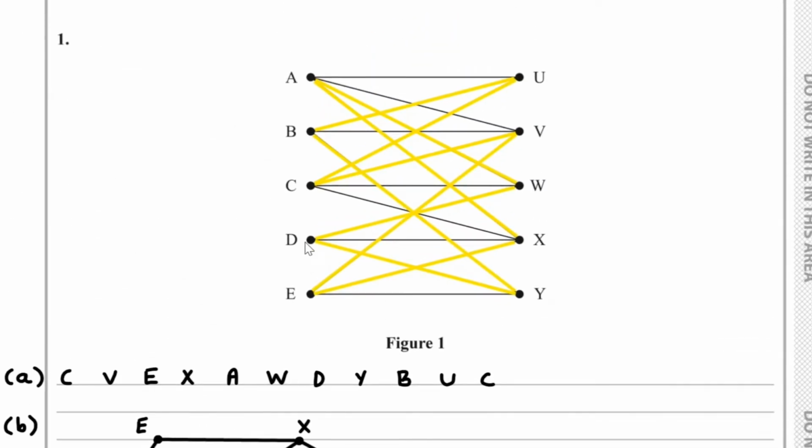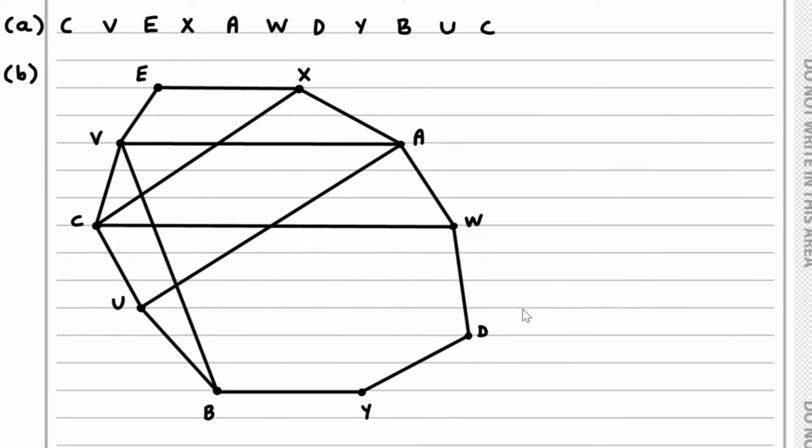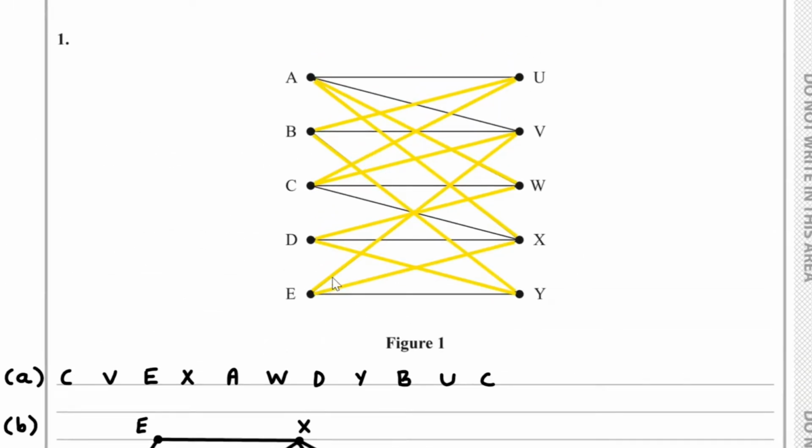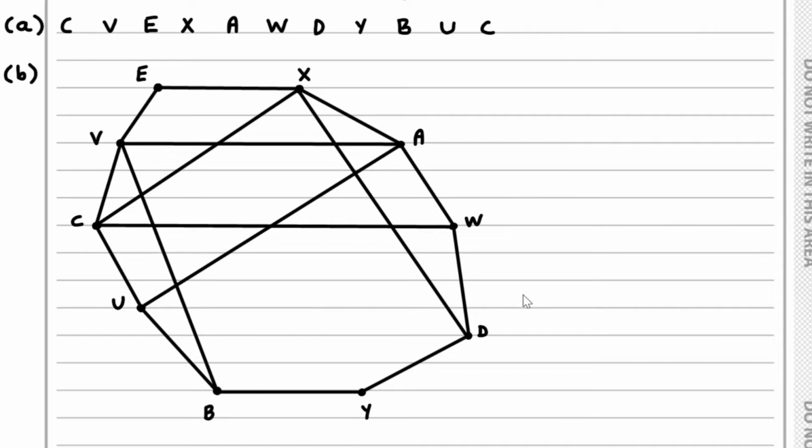If we take a look at D, that joins to W. It also joins to X, and it also joins to Y. So we have D joining to W. It joins up with X. It also joins up with Y. And if I take a look at E joins up with V, E also joins up with Y. So we join these up, as we see here.